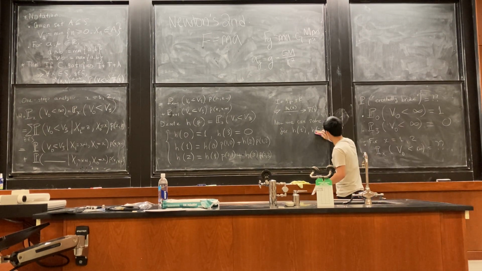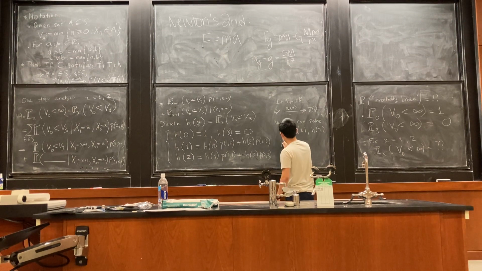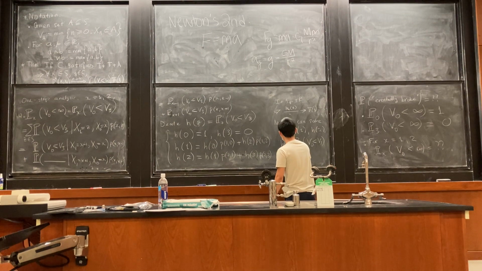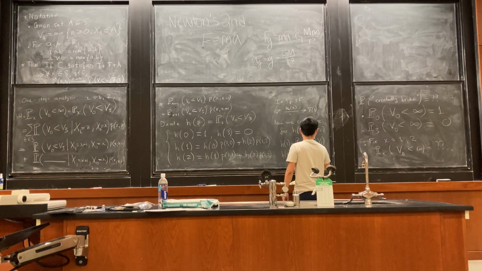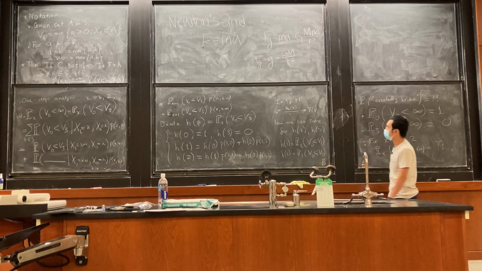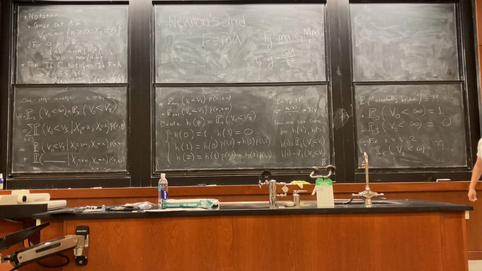We call h1 the probability that, starting from $1, eventually I will be broke, so that is P1(V0 < V3). And h2 is the probability starting from $2, so P2(V0 < V3). Pretty handy, isn't it?